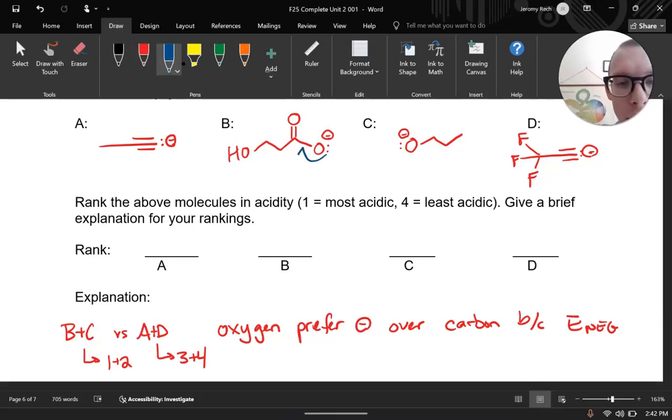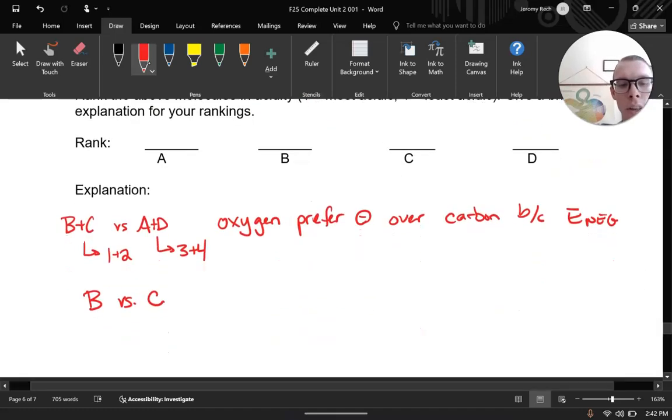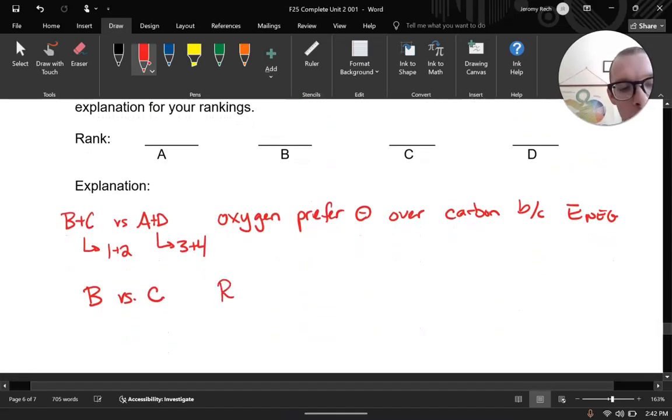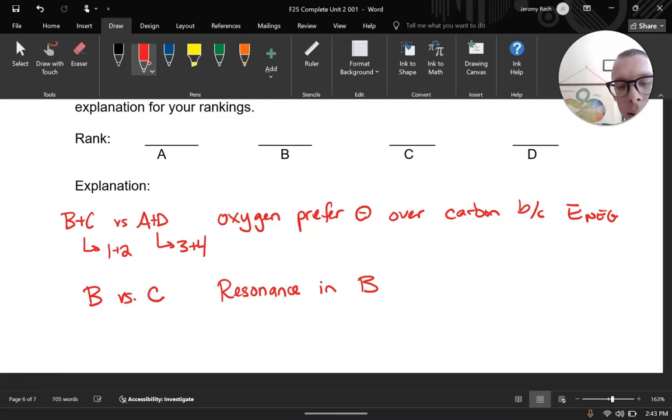I can have this come in here and then resonate up, where in C it's stuck or localized just on that oxygen. So here, resonance in B makes it more stable than C, and that's going to make it overall a stronger acid.